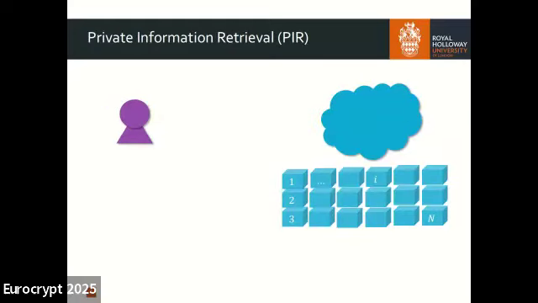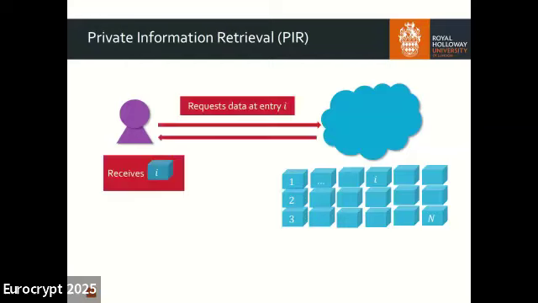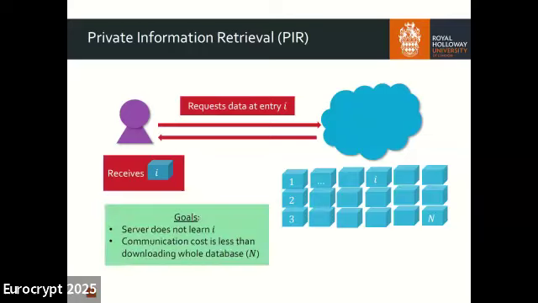So we're also interested in this work in private information retrieval. So what is this? This is a protocol, again, between a client and a server. The server has a database of n entries, and the client would like to retrieve the ith entry of the database. So they engage in this protocol, and at the end, the client hopefully receives this ith entry of the database. But for security, we require that this is a private information retrieval, so the server doesn't learn which index was queried by the client.